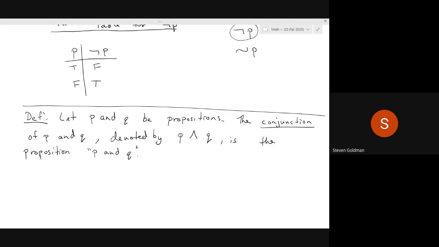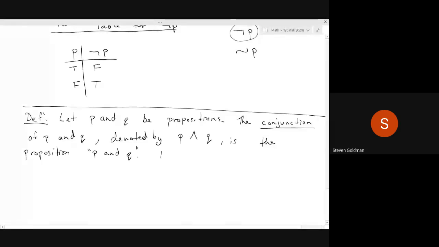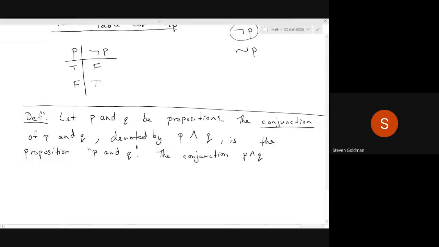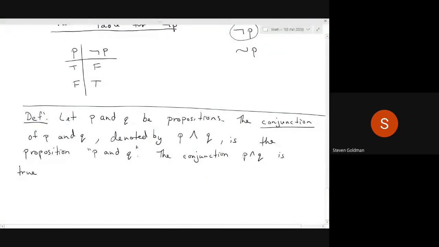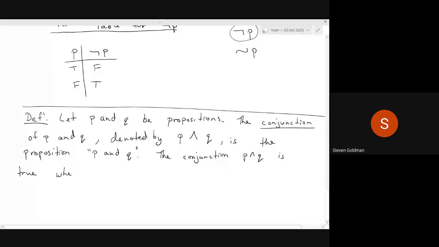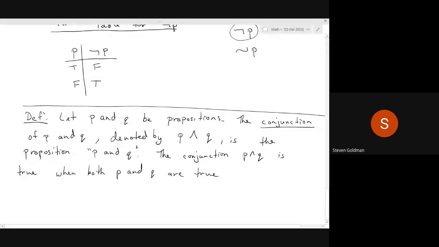So the conjunction P and Q is true when both P and Q are true and is false otherwise.